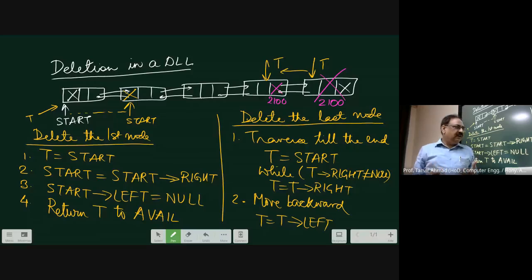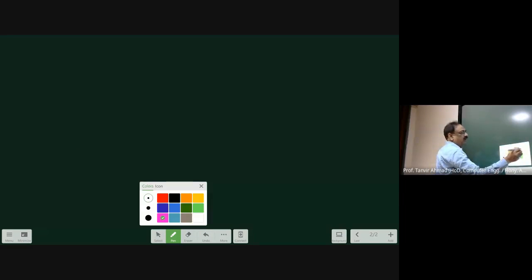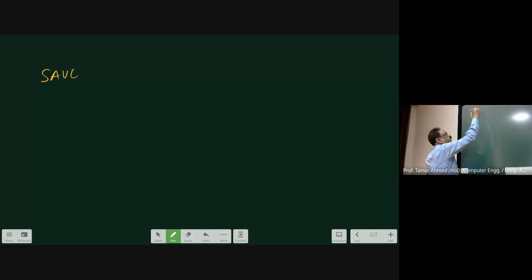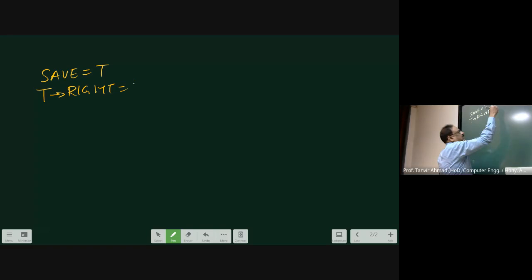Therefore, there is another method. What I can do is save that T somewhere. I will write save is equal to T, and then I will say T of right is equal to null, and then return save to avail.